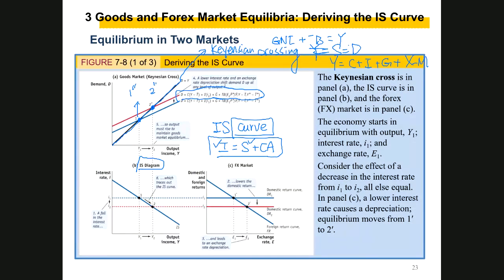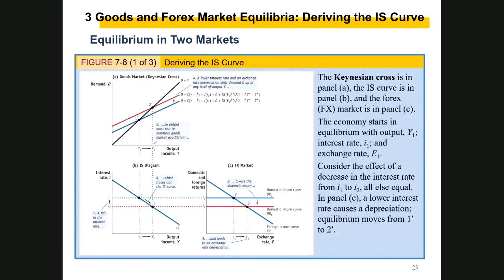Y is equal to this. So if I have a fall in the interest rate, this point, the original equilibrium from 1, will move to 2 on the IS curve. Using the demand that we just derived before, the demand will shift up, so the output will increase. Right?